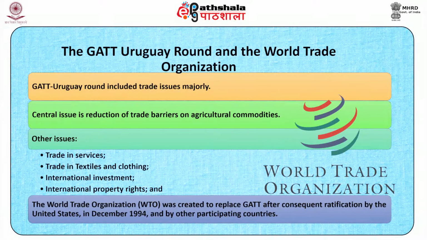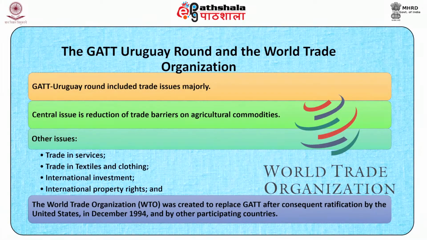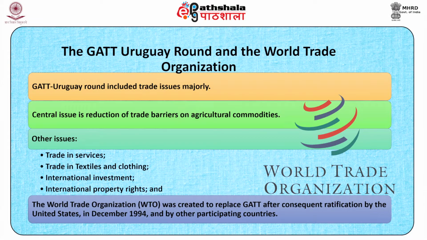Other issues that were included in the arbitration for the first time were trade in services, trade in textiles and clothing, international investment, international property rights, and lastly, reinforcing the organizational structure of GATT.